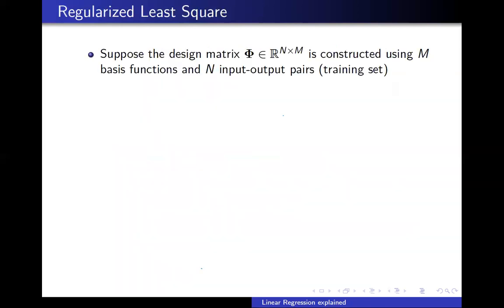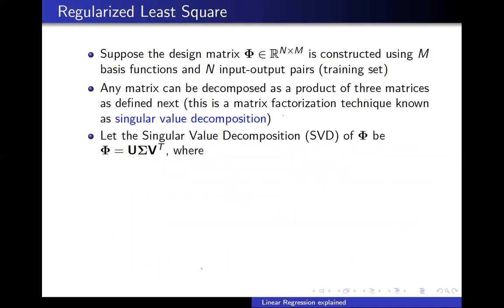All right. So now suppose the design matrix phi, which is an n by m matrix, is constructed using m basis functions and n input-output pairs. So it's basically your training set. Any matrix can be decomposed as a product of three different matrices. The reason that we are going this route is that now we have a free variable, capital M. We can choose a different number of basis functions, which can be different from the number of features you have.